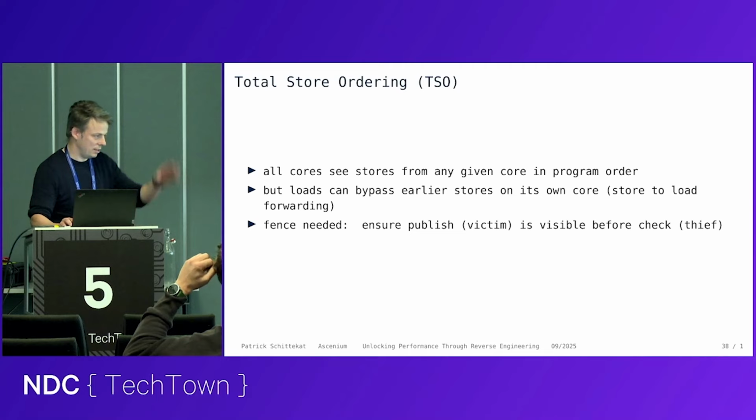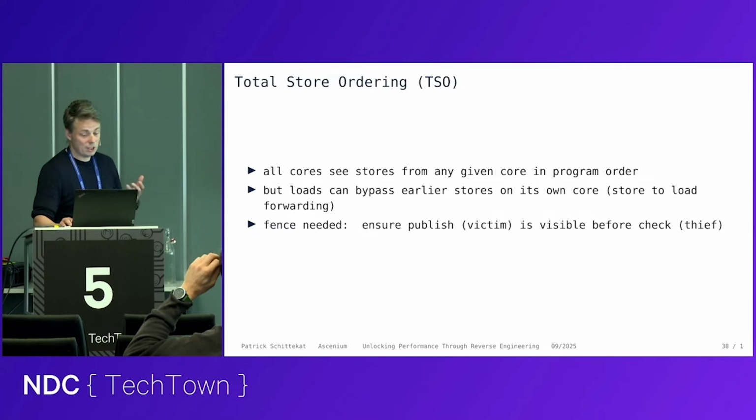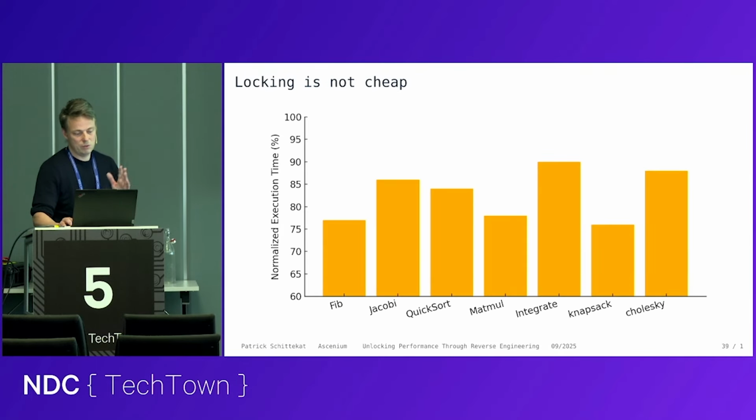So normally you would drain everything so that the stores can be seen by those threads, and that's why you need fences. But it's not cheap to lock, so fences are not cheap.